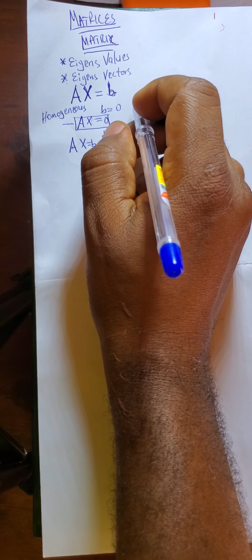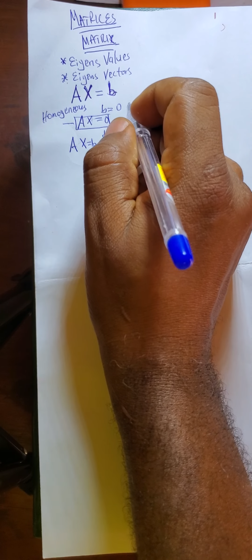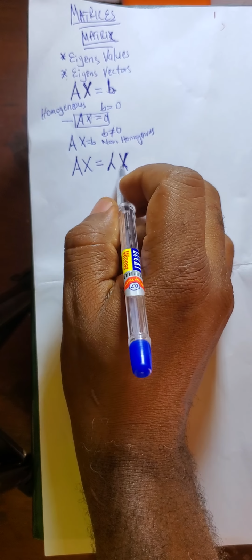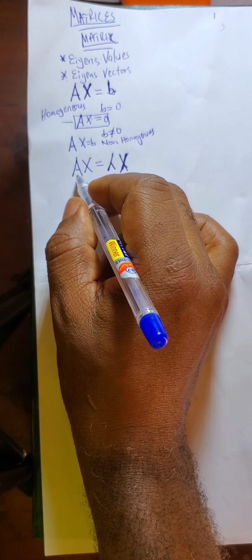Now, for the eigenvalues and eigenvectors, the equation works with this particular format. Ax is equal to, instead of A here, you put a scalar value called the eigenvalue, times the variable vector matrix here. So the next thing we do is to equate everything to the zero matrix by carrying this one to the other side of the equation.